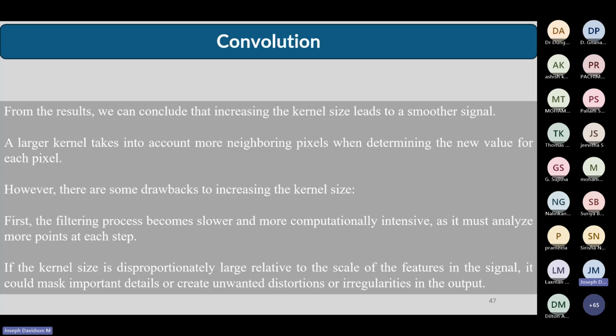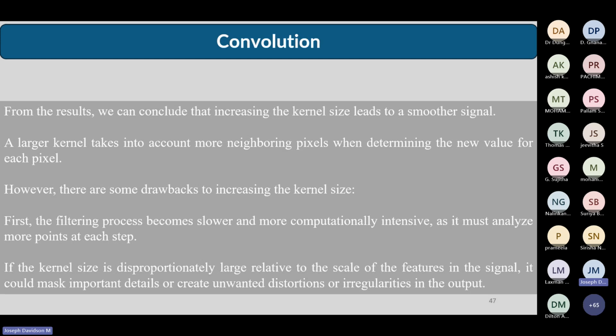So from these results we can conclude that increasing the kernel size leads to a smoother signal, right? If you have a bigger mask and take into consideration a lot of points to smoothen it, obviously you will have a smoother signal, because the larger kernel takes into consideration a lot of neighboring pixels while determining the new value for each pixel. There are a few drawbacks.